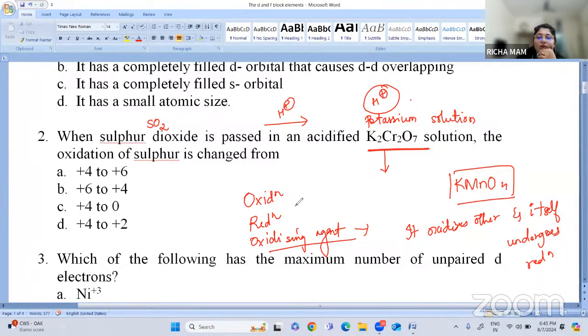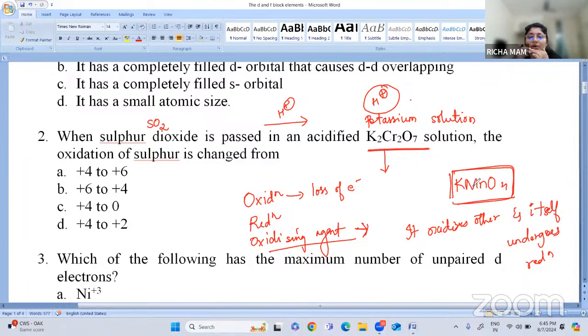Oxidation means loss of electrons. So K2Cr2O7 oxidizes others. Whatever molecule or compound is present, it will oxidize it.